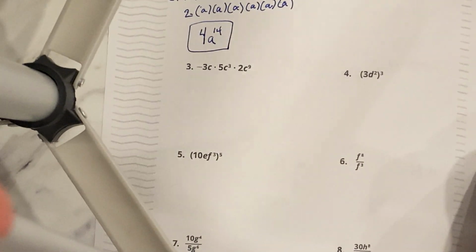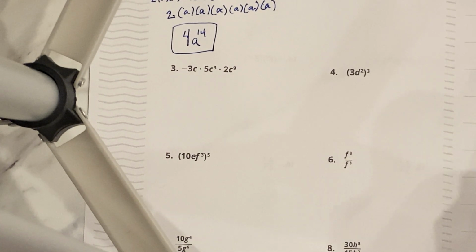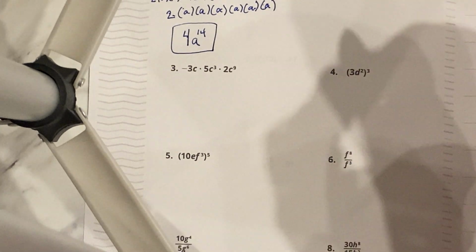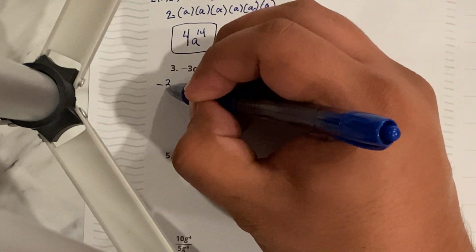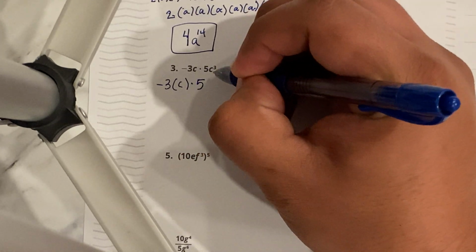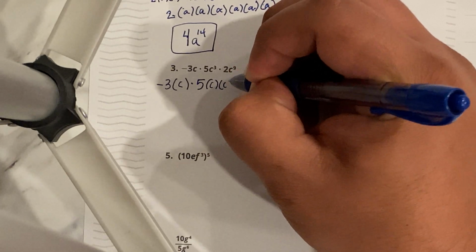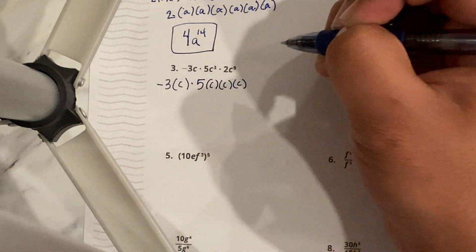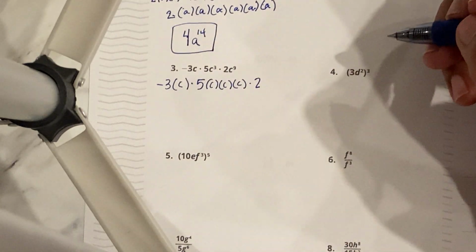Gonna do number 3. This one's a little bit easier. Not gonna freak myself out yet. Here we go. So I got -3 with 1C times 5 with 3 C's. My C's look a little scary. And then 2 with 9 C's.